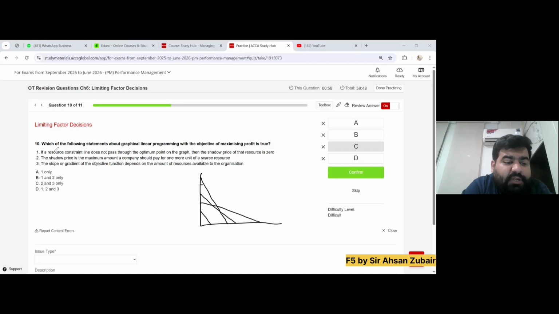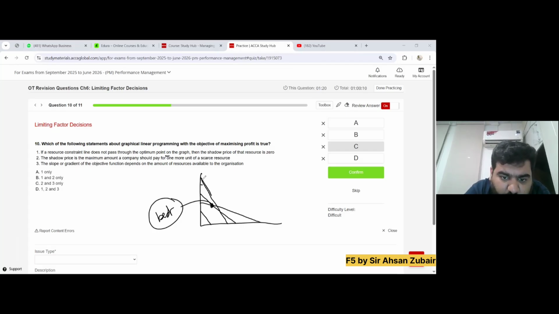So the first option says, if a resource constraint line does not pass through the optimum point on the graph, for example, this is the graph and this is the optimum point, the best point.